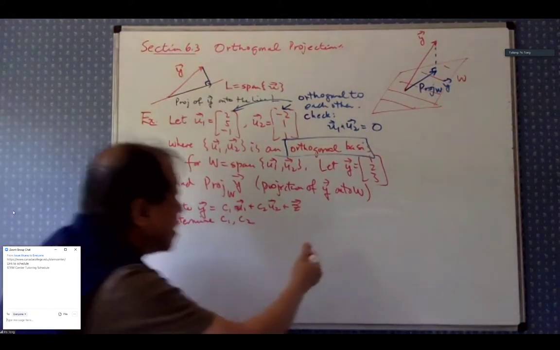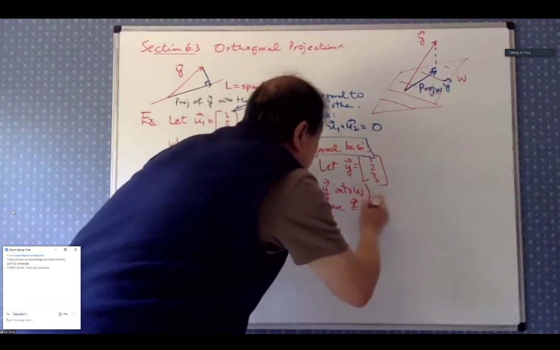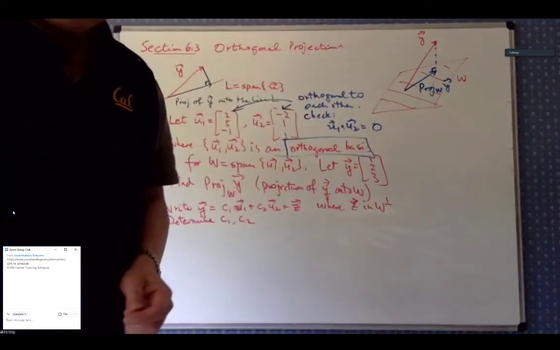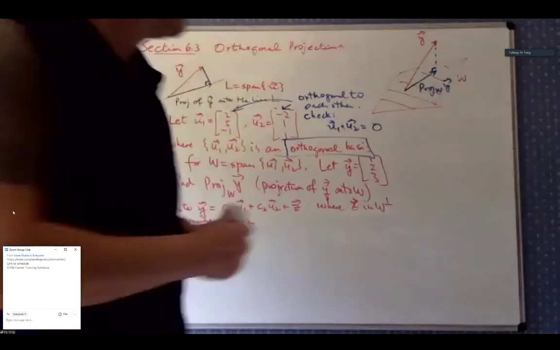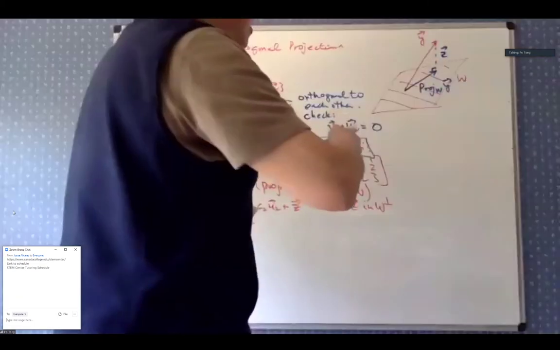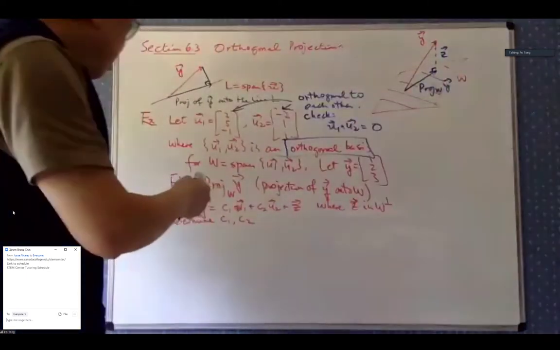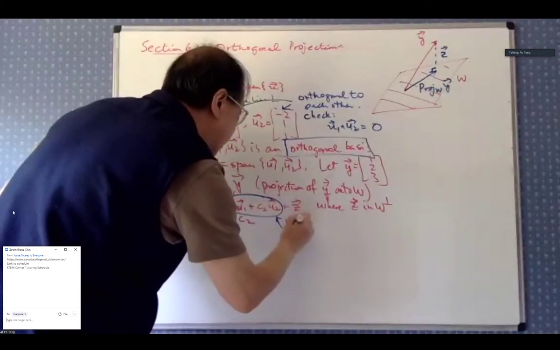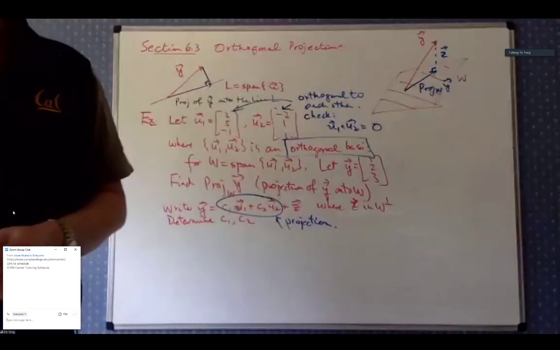This vector Z is in W perp. That means in the picture, this guy is going to be Z, that's my y, and this is the projection. Then we just need to determine C1 and C2.